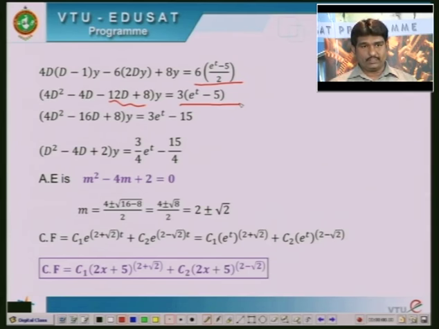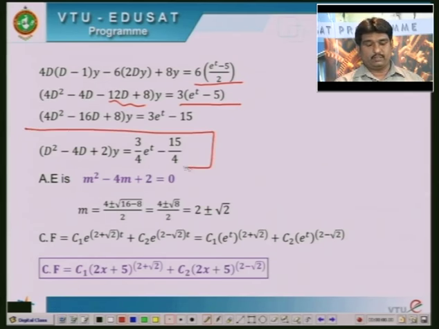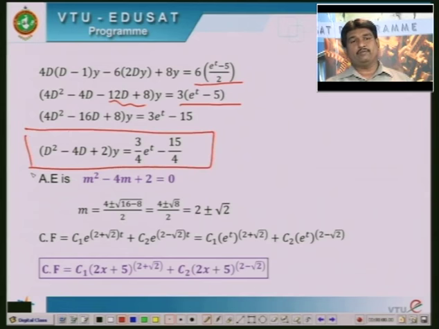You simplify this to get the form (D² − 4D + 2)y = (3/4)e^t − 15/4. This is a linear differential equation with constant coefficients. So the solution of this differential equation can be determined by finding CF and PI.